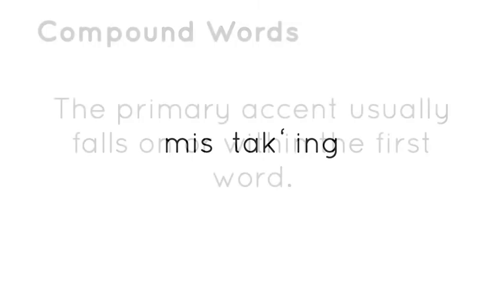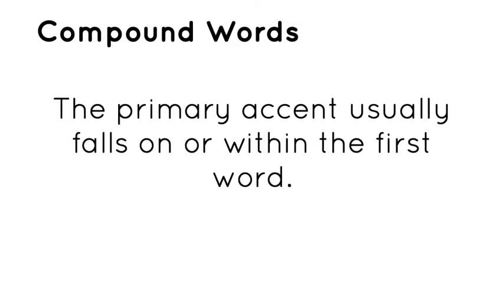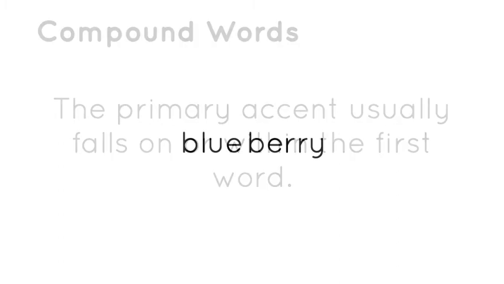Let's talk about compound words. When we're thinking about a compound word, the primary accent in a compound word usually falls on or within that first word. So for instance, if we think about the word blueberry as a compound word comprising the word blue and the word berry, there's actually 3 total syllables here.